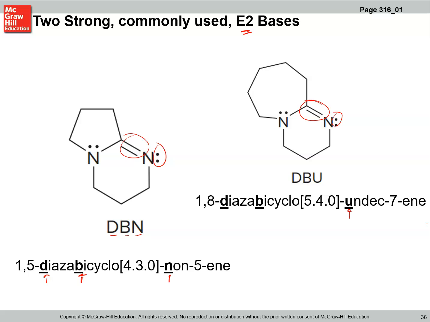These shorthands are oftentimes used in organic places. They won't draw this compound out. They'll just have DBN, DBU, and you're supposed to know what that acronym stands for. I'm not going to ask you to memorize this, so don't worry about that. But if you do see it, that's what this is referring to. So DBN and DBU are just strong bases commonly used in E2 reactions.